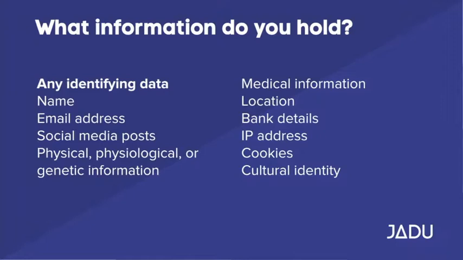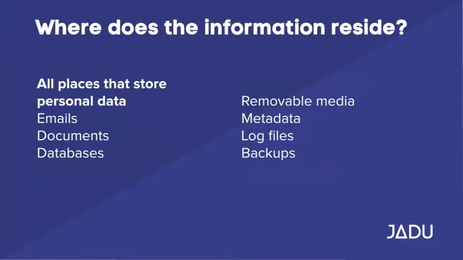We might be looking for, hopefully, I'm hoping my council doesn't have this, any physiological or genetic information, medical information, but you might have, say, location, you might have IP addresses, you might have some information, say, on job application forms about cultural identity, and these are all things that we now need to classify, locate in our databases and then make a note of.